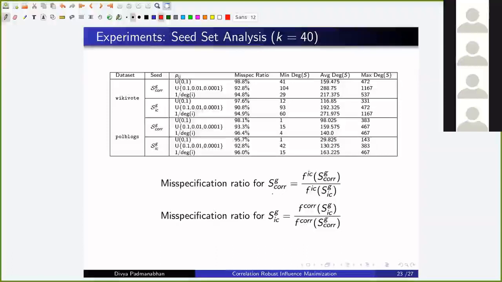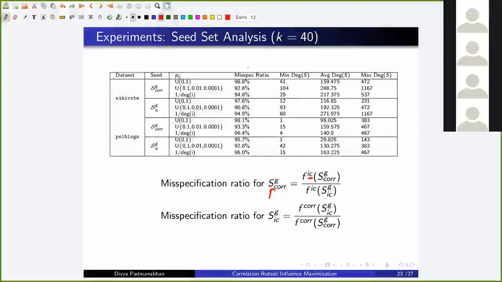S_robust^G is the seed set which is the greedy solution for the robust model. How does it perform under an independent cascade setting, versus S_IC^G, the greedy solution for independent cascade? Of course that is expected to be better, so how does it perform in comparison to that?